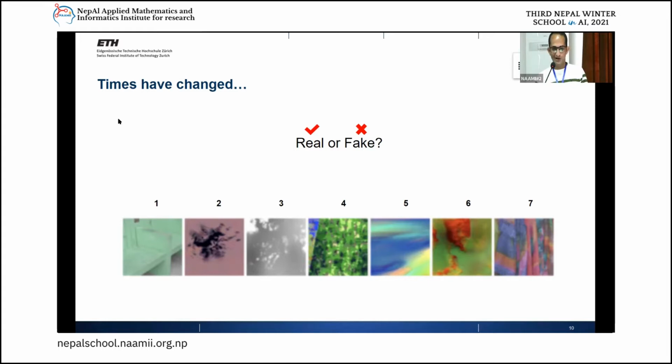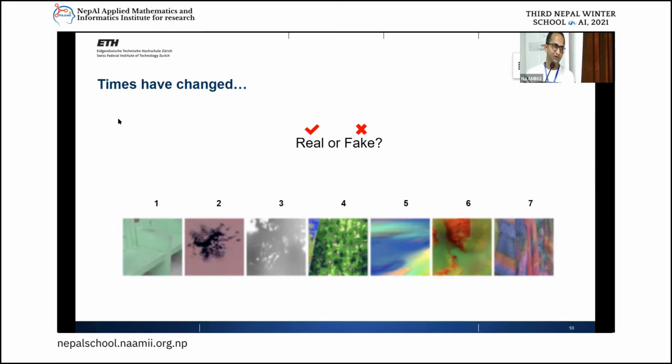How many of you think the first image is a fake image? It's a patch of an image: you take some random image and take a tiny patch. How many of you think the last, 7th image is fake? How many of you think image 3 is a real image? It's the image patch, basically.